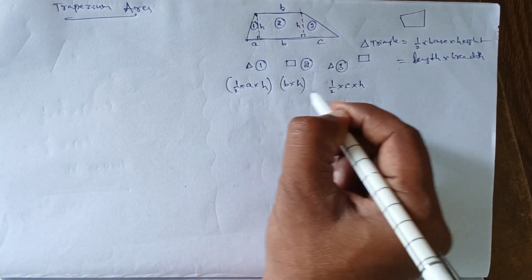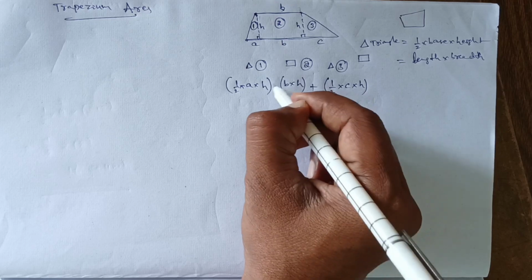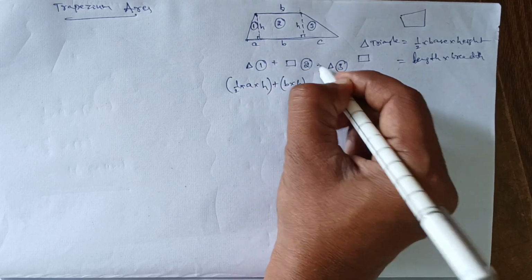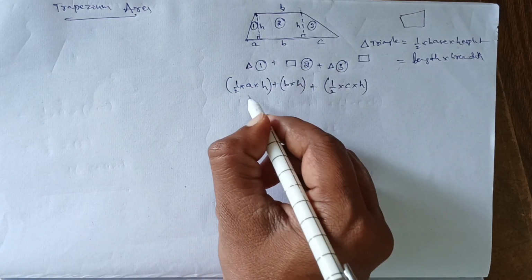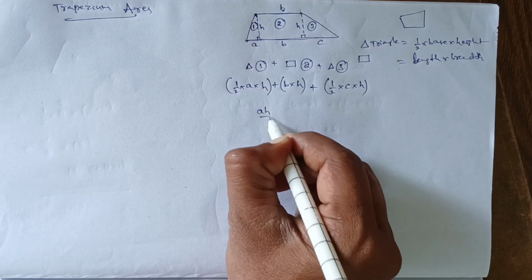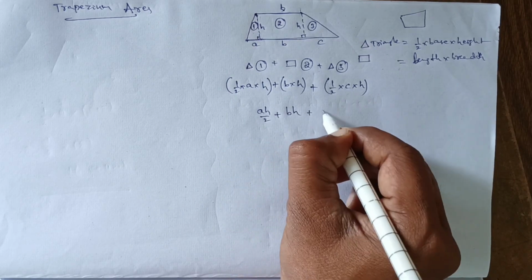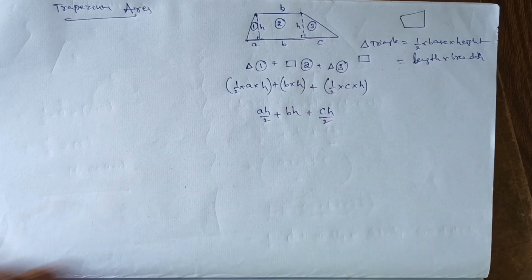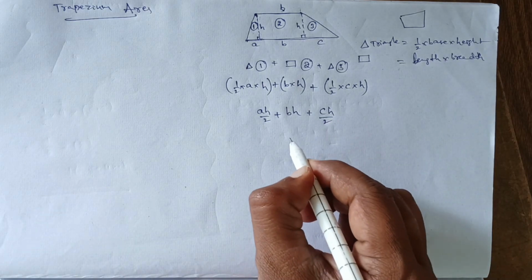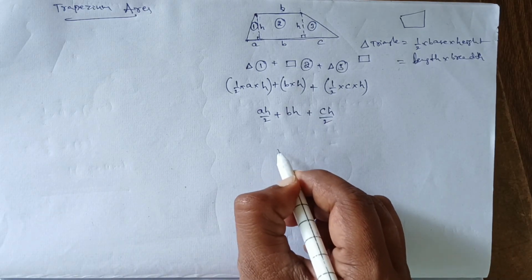Now we are going to add these three areas. So what comes here? ah by 2 plus bh plus ch by 2. Let's do the LCM.